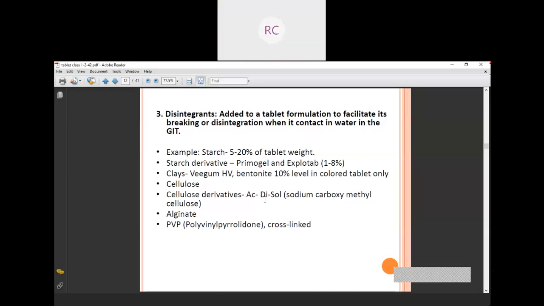Now, up to binders I have discussed. So what are disintegrants? They facilitate the breakdown of the tablet when ingested.